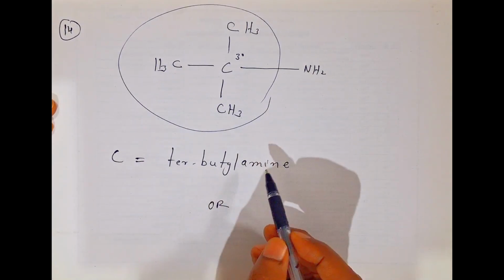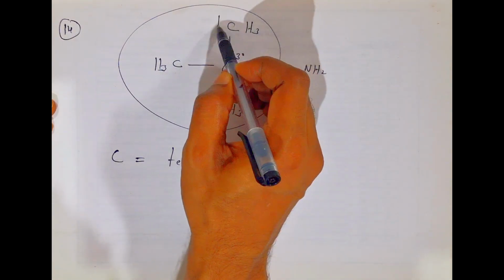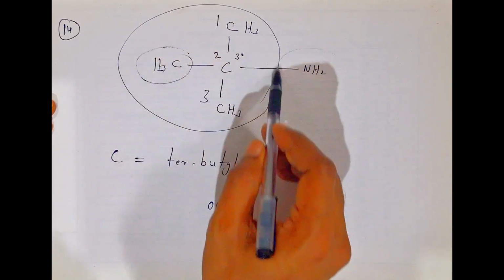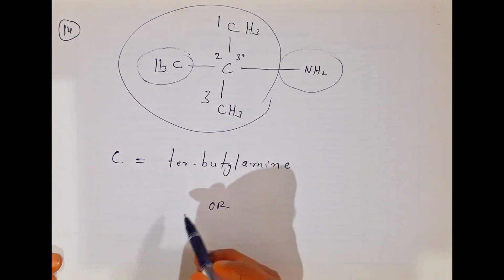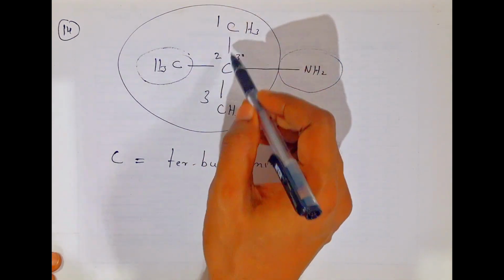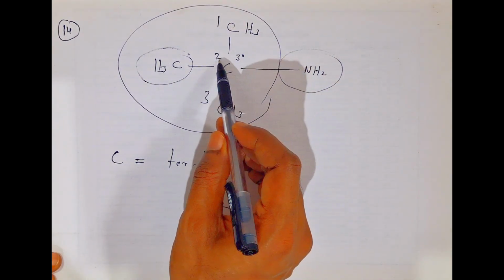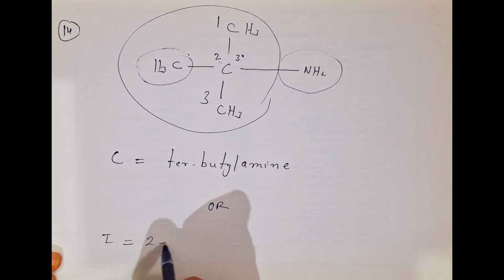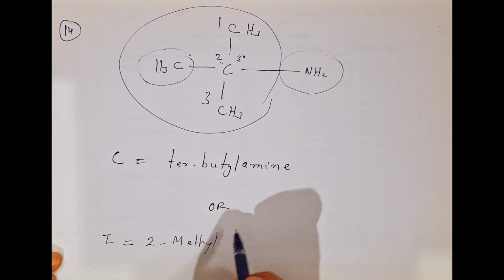Now what will be the IUPAC name, students? Again students, you have to start numbering 1, 2, 3 like this. At carbon number 2 you have methyl group as well as amine group. First you have to see the longest chain, which is 3 carbon, so we call it propane. In propane also, at carbon number 2 you have methyl, so in the IUPAC system you will write 2-methyl propane.